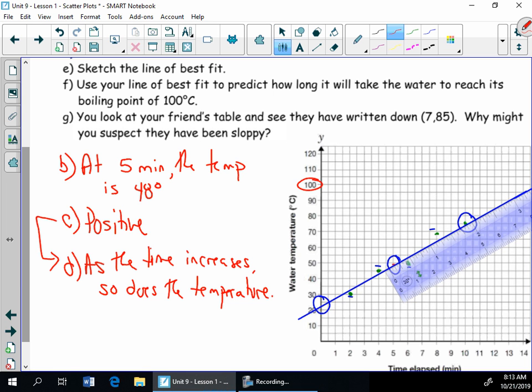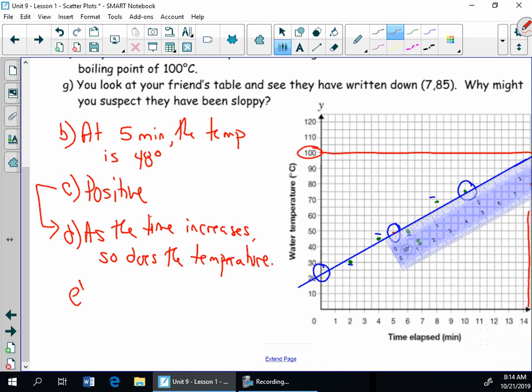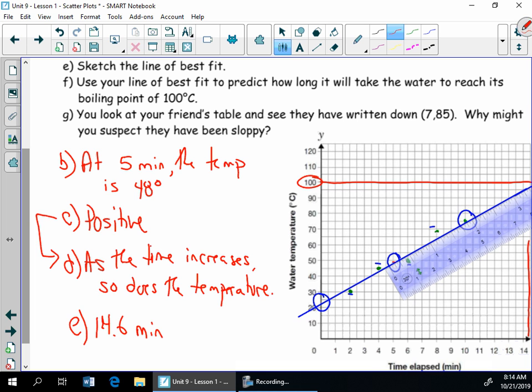I find 100, go across to my line, and I have to go down, and I'm going to say it's about 14 and a half minutes maybe. Those are decimals there. Just a little bit past 14 and a half, I'd say. It's an estimate though, so if you estimate slightly different than me, that's okay. If you said 20 minutes, I'd say no, and if you said 5 minutes, no, but around 14 and a half minutes.